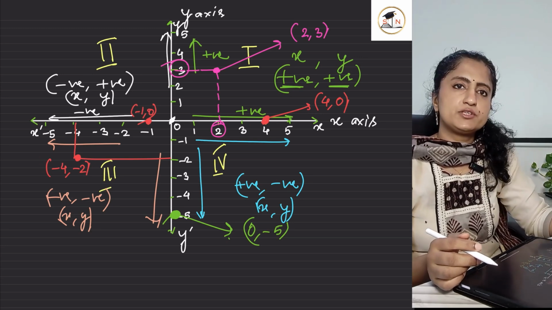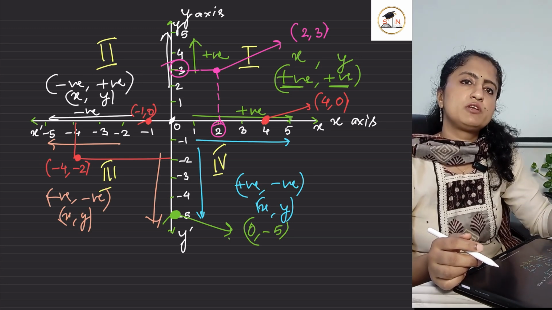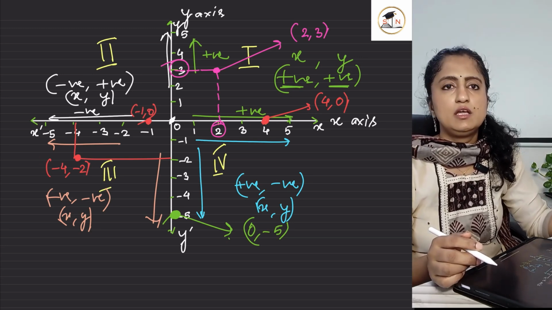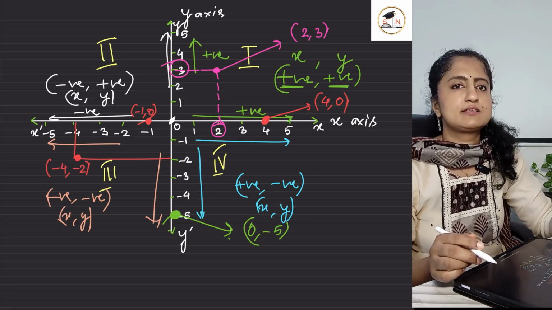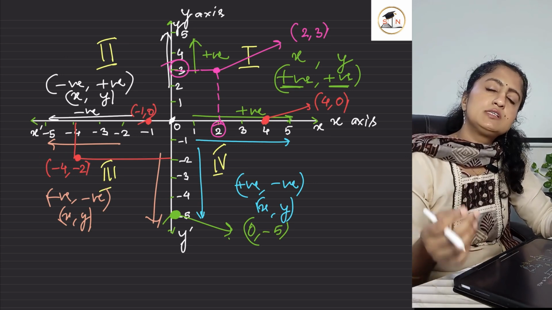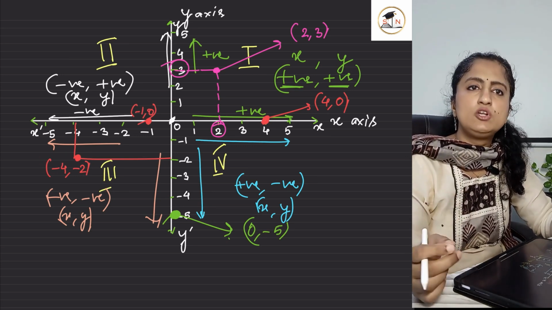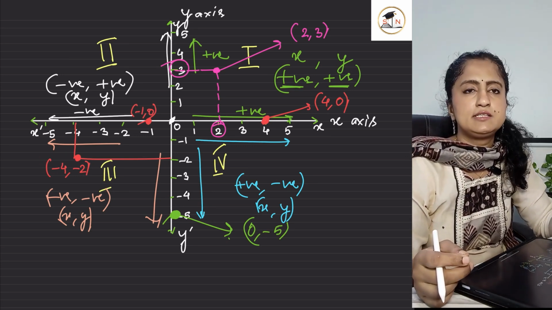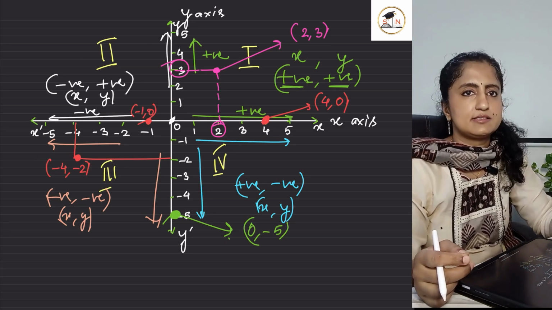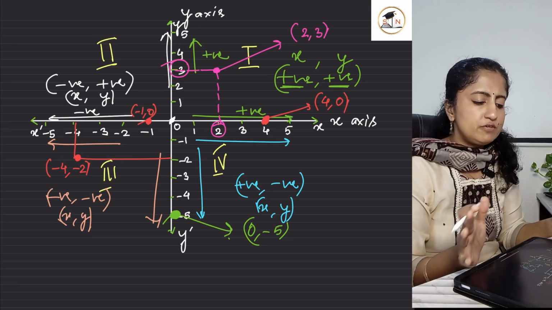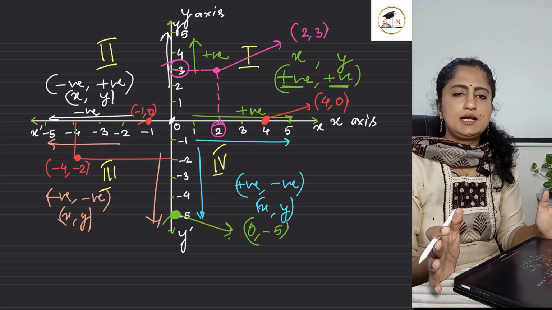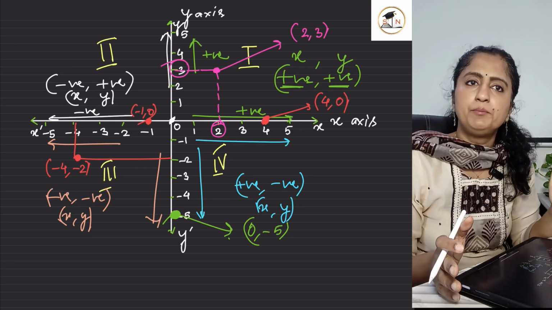There will be various options, and then there will be another option for x-axis and y-axis. Okay, the answer is 7, 0 will lie on the x-axis. Why? Because y component is 0 over there, and y component is 0 only on the x-axis. Okay. So what you can see on the screen, lots of information, do process that, and it is highly important.